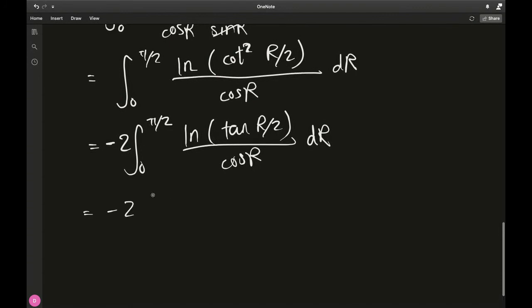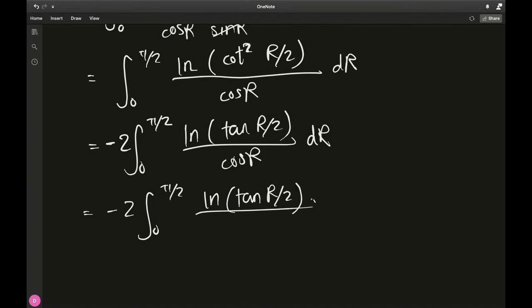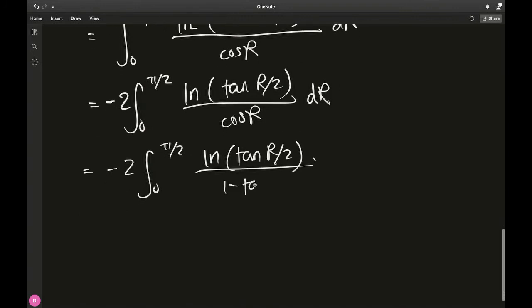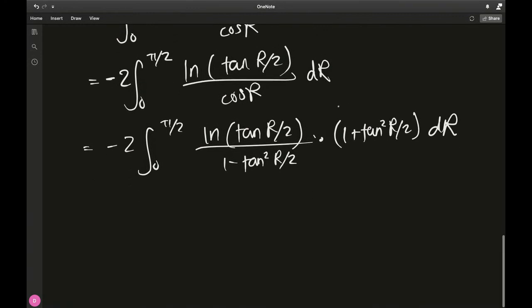So again, using half angle formula for the cosine, with natural log of tan R over 2 over 1 minus tan squared R over 2 divided by 1 plus tan squared R over 2, which will go on top, dr. Noticing that this is secant squared R over 2, which is indeed a multiple of the derivative of the tan R over 2.